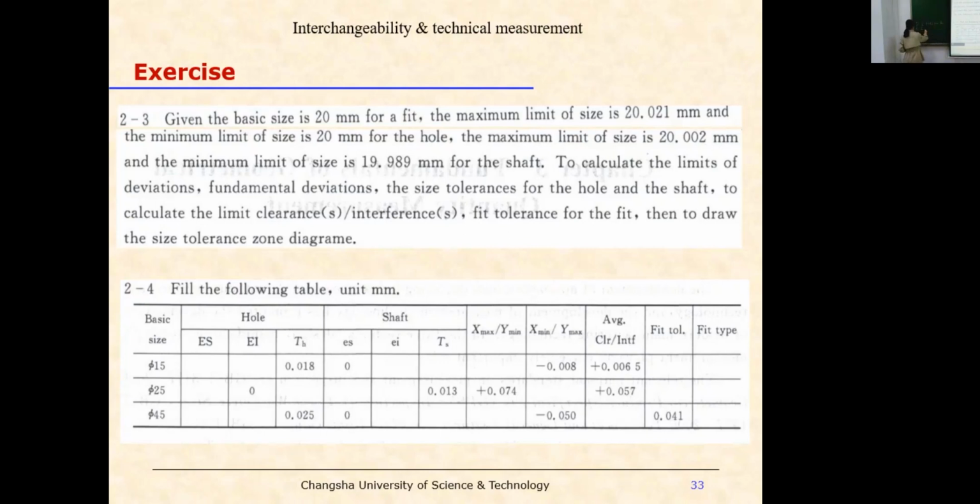So this is ES, EI, D max, and D min. And we also learned how to calculate the value, if given two of the values, and this is the homework.